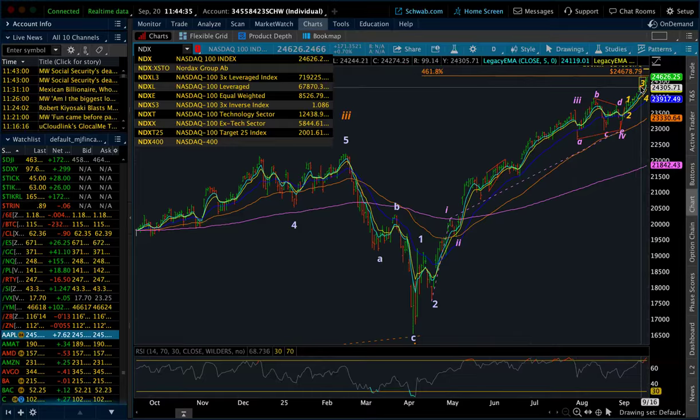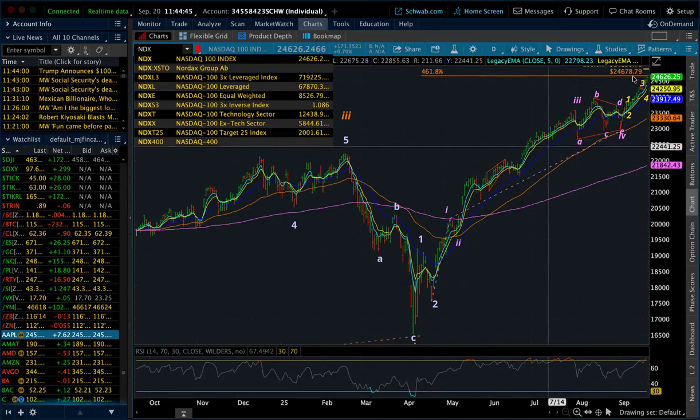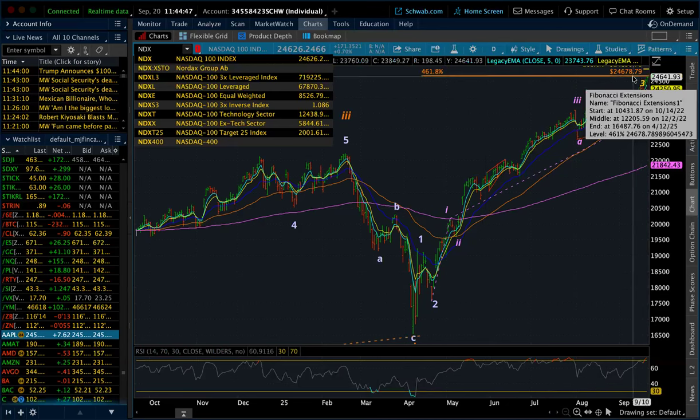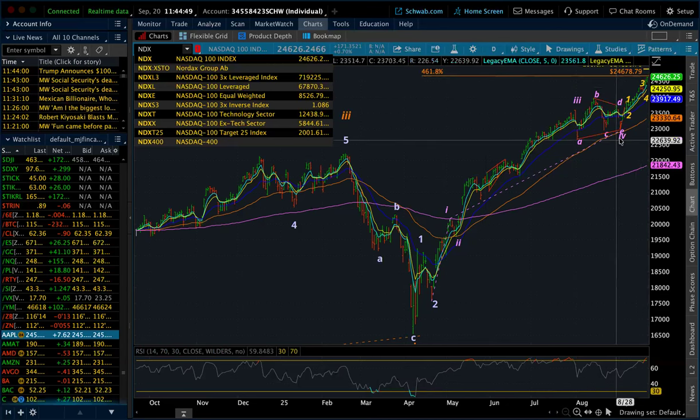So, all of that being said, right now we're leaving it that we're in minuette wave 5 of minute wave 3.